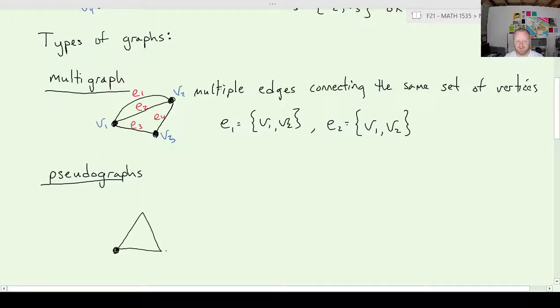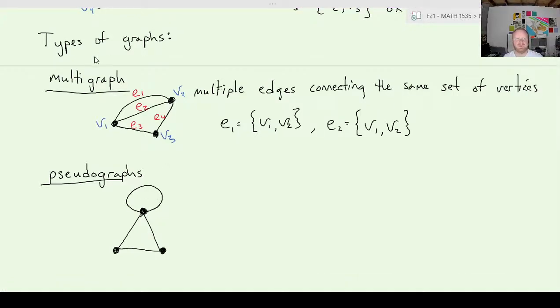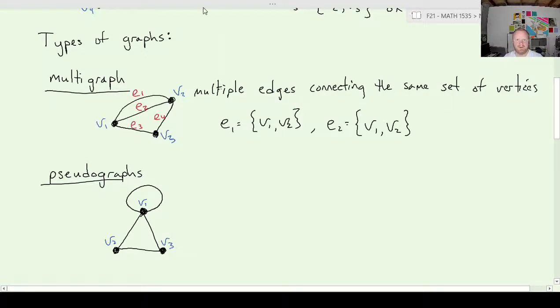If we have a graph that looks like this, now if I label these vertices V1, V2, V3, and call these edges, this one does count as an edge, right? So E1, E2, E3, E4.